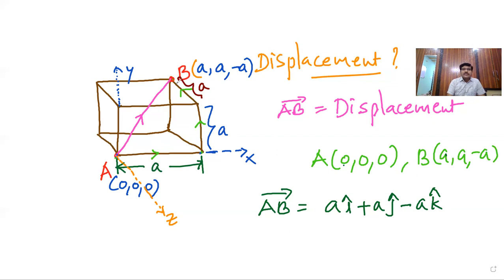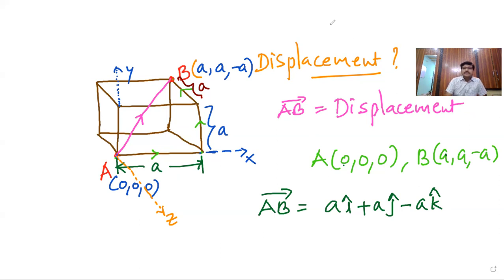Towards the negative z-axis, magnitude A minus k cap because it is negative. That is the vector form. In the previous sessions, we have seen how to find a vector form, how to represent it in the form of a vector. Is it clear? Okay. That is the vector.